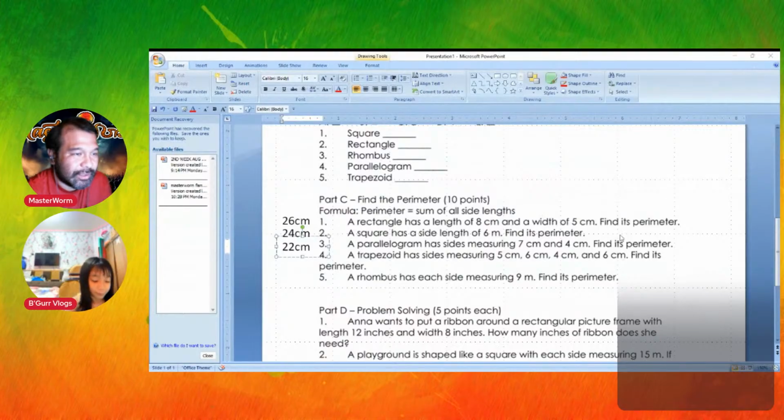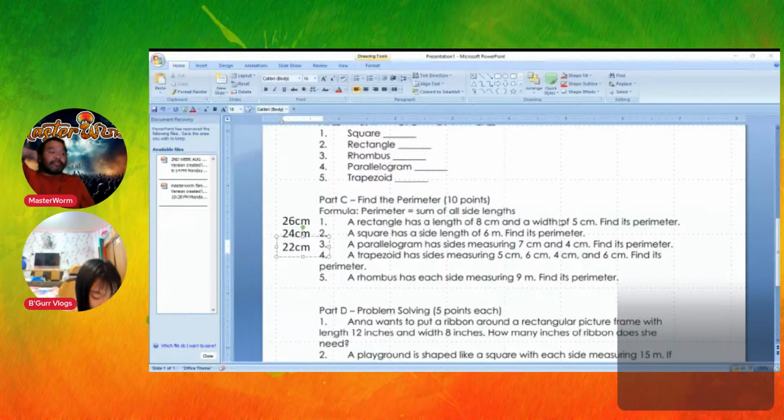All you have to do is add 5 plus 6 plus 4 plus 6. What are you erasing there? How much? Bigger? What are you doing? Where are you erasing a lot?